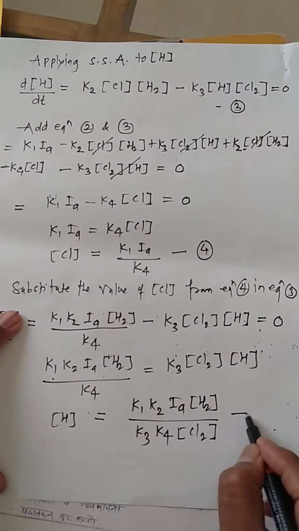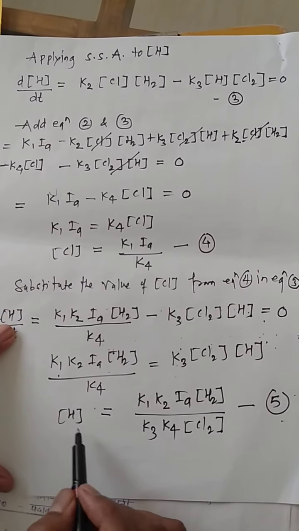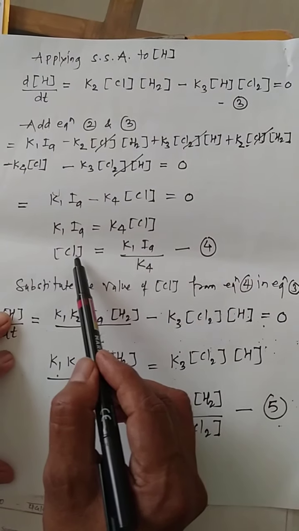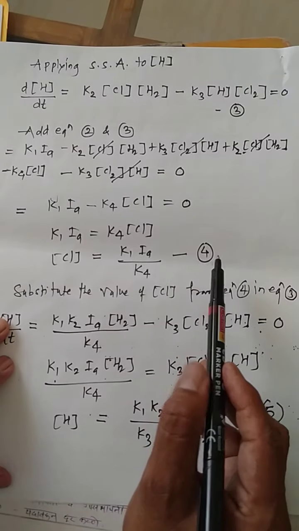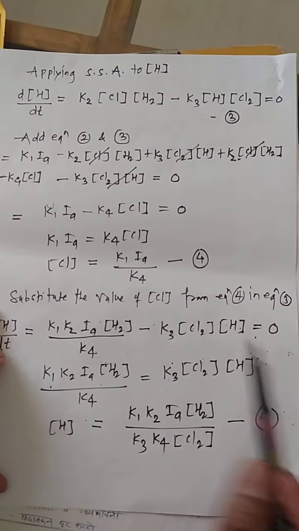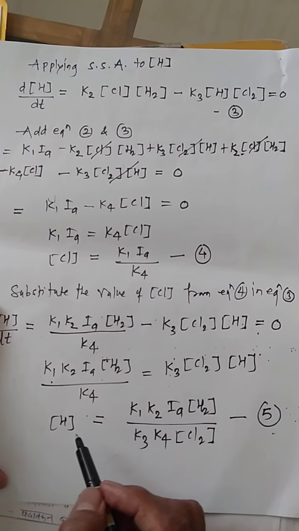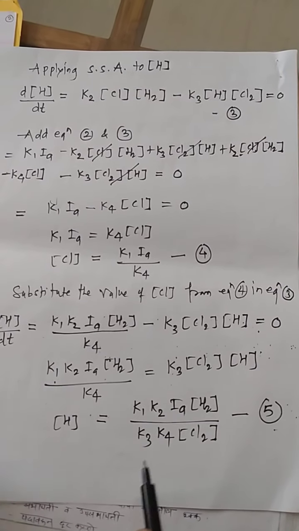This is equation number 5. This is the concentration of H, equation 5, and concentration of Cl, equation 4. Now put the values of equation 4 and equation 5 in equation 1. We get the final derivation of this equation.